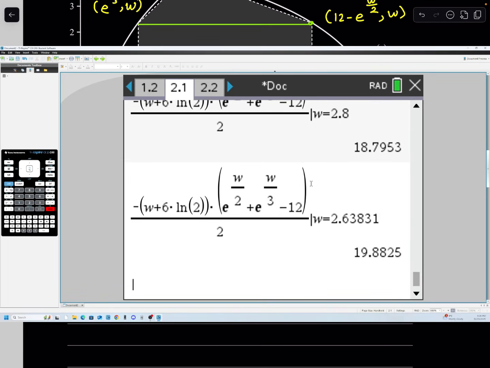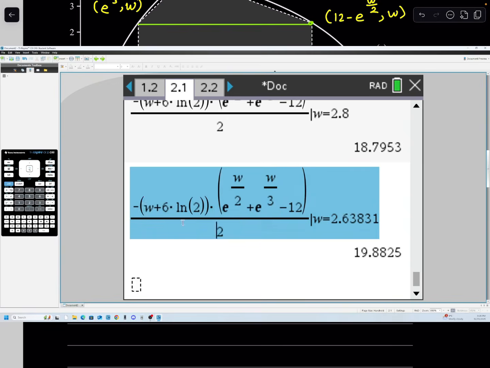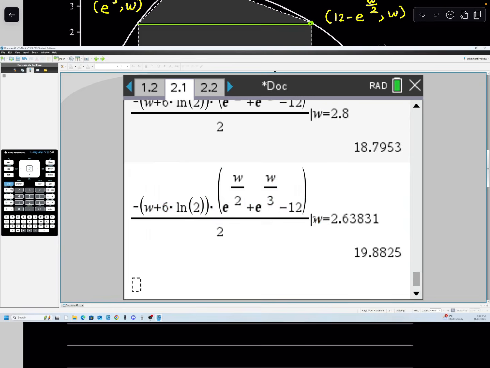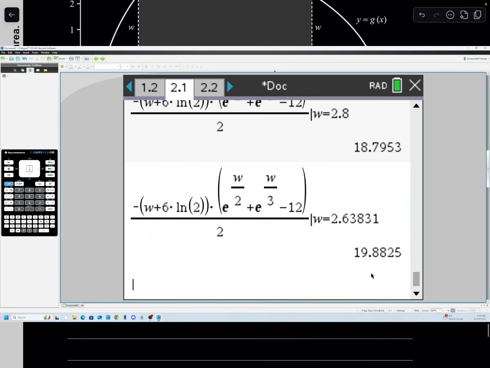So be careful. This is the actual answer, because it both satisfies that the timber is less than or equal to 12 and gives the large area. This is your width and this is the maximum possible area.